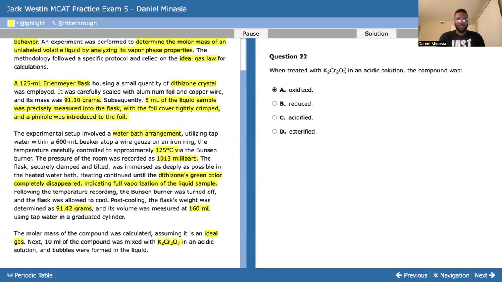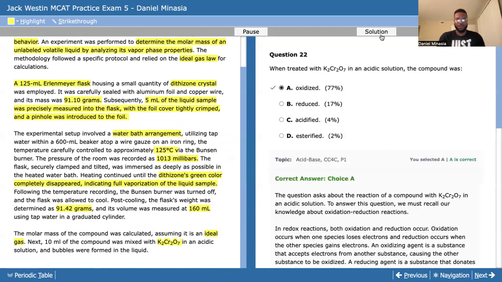An oxidizing agent is going to want to oxidize things, and oxidation is loss. And no, esterification, there are no carbons in this even. So the best answer is A.